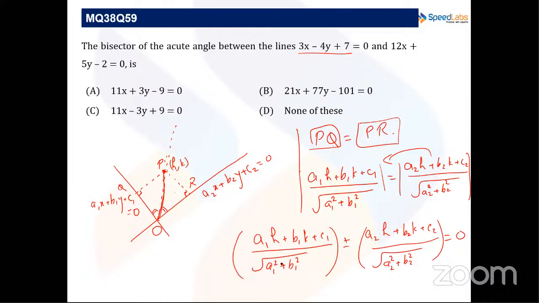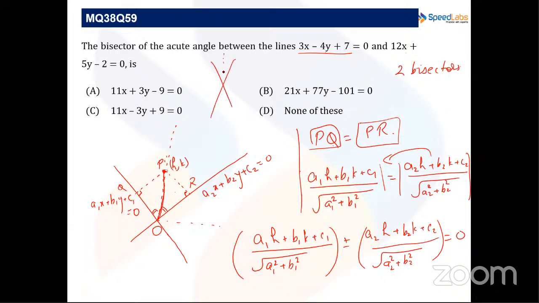Now, see, this condition will be followed by both the bisectors, acute angle bisector as well as obtuse angle bisector. So how we are going to know that the bisector we are getting is acute or obtuse? You will be getting two bisectors. Now let's say this is our line.